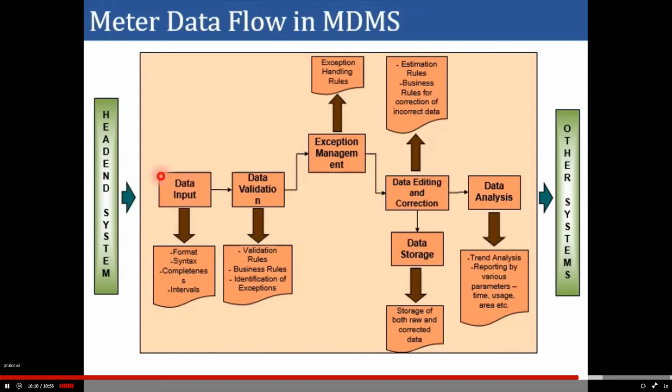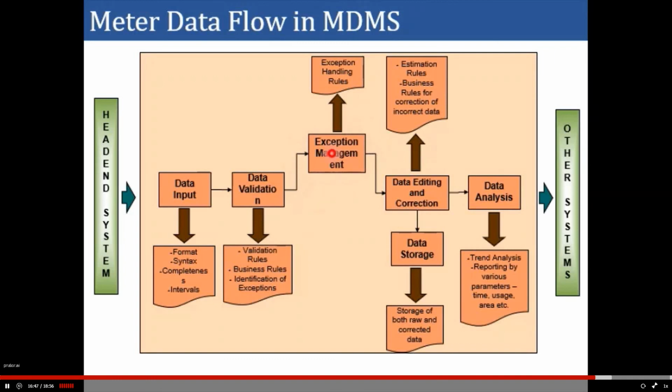Data is required to be given in a particular format, so it will define what format and syntax are required for consumption of the data. Then it will do the data validation. The head-end system will generally push raw data to the MDM, where it does the cleansing of the data and validation of the data based on certain business rules or various validation rules.